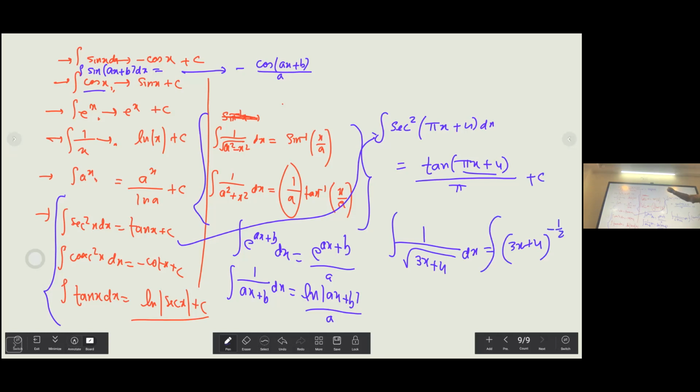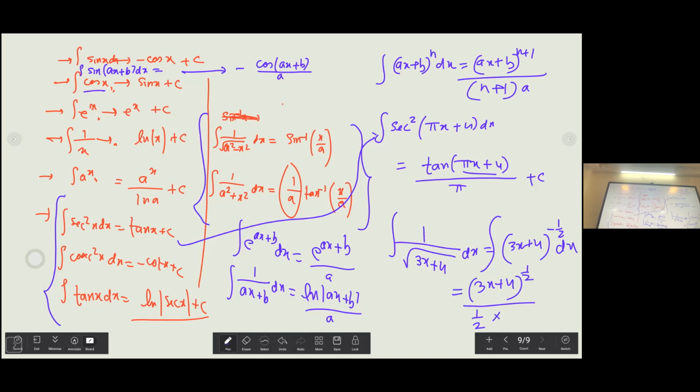This is of the form ax plus b to the power n dx, which is ax plus b to the power n plus 1 upon n plus 1, divided by the coefficient of x, which is a. So this is going to be 3x plus 4 to the power of 3 by 2, divided by 3 by 2, and then into the coefficient of x, which is 3.